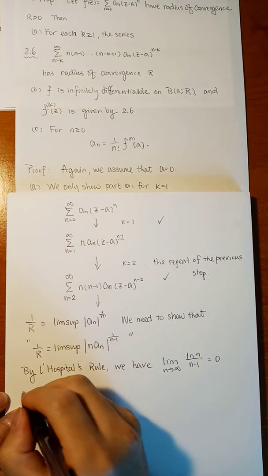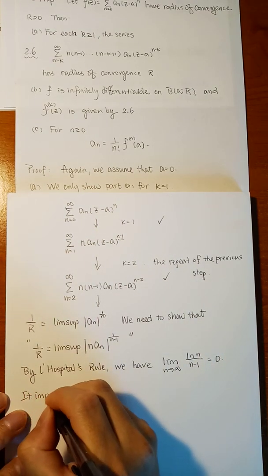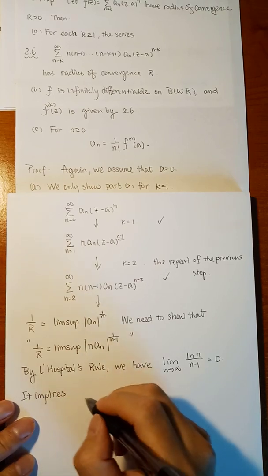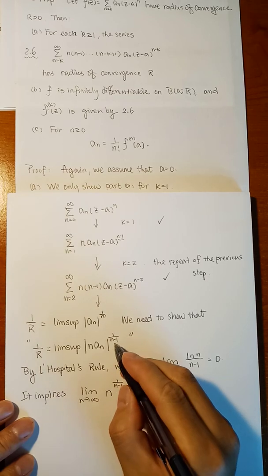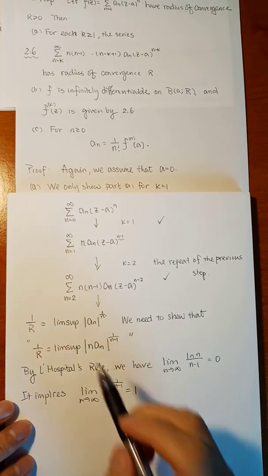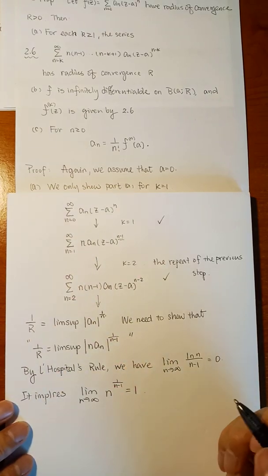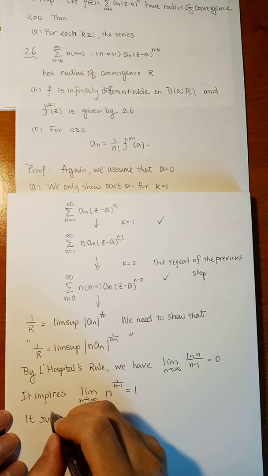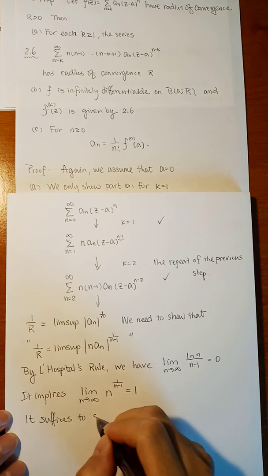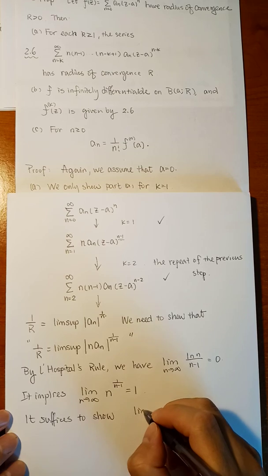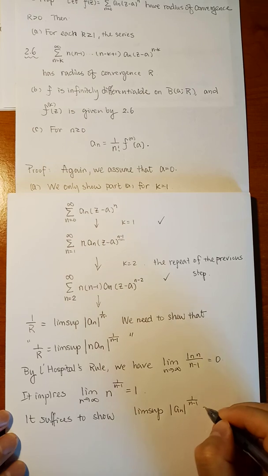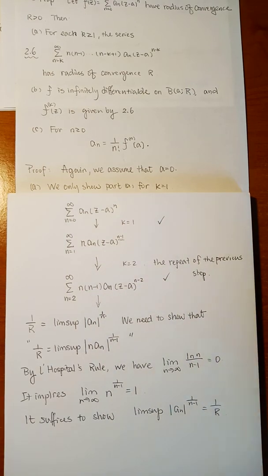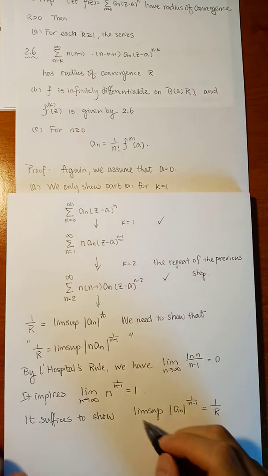This conclusion implies the limit as n approaches infinity of n to the power 1 over n minus 1 is equal to 1. So this part does not contribute anything. So it suffices to show that the limsup of the absolute value of a sub n to the power 1 over n minus 1 is equal to 1 over R. Okay, so we are going to prove this.